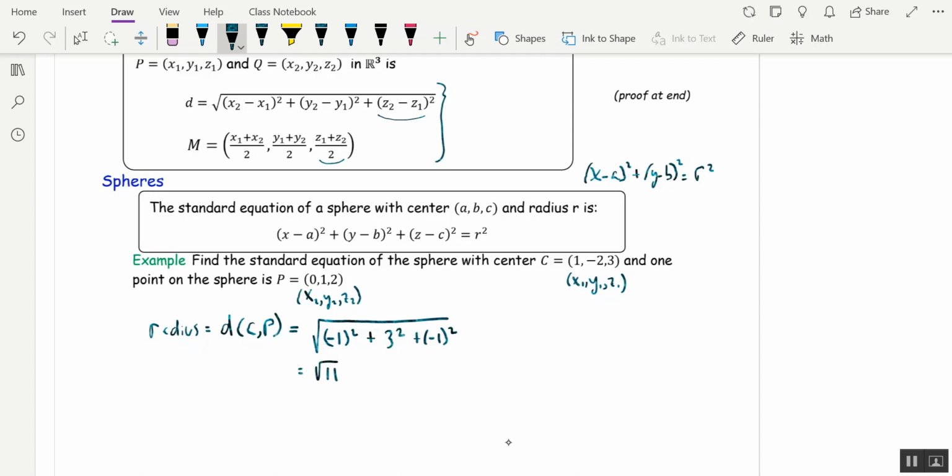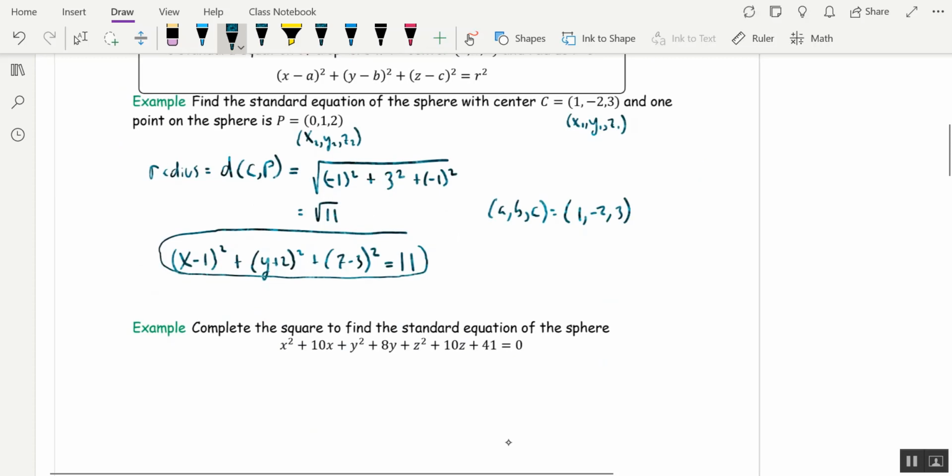So now we know our radius, and we know our (a, b, c), which is the center, is (1, negative 2, 3), and we can just write down the standard equation of the sphere. (x minus 1) squared plus (y plus 2) squared plus (z minus 3) squared is the square root of 11 squared, which is 11.